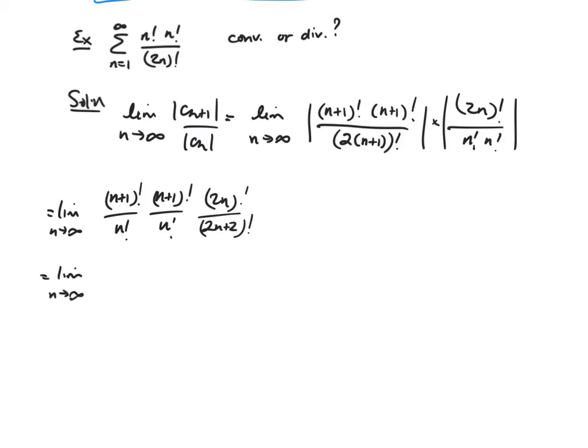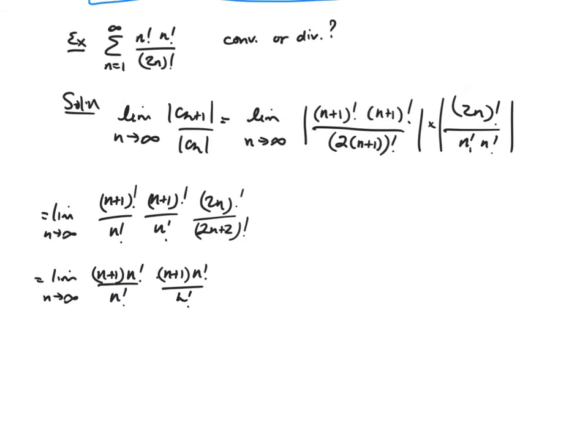Now I write the first term as (n+1) times n factorial, divided by n factorial. Do the same thing with the second term. That is, take the larger of the two factorials you're comparing and start pulling terms off till you get the smaller one, and then leave the rest in factorial form. Here I have 2n factorial, the smaller of the two, and then (2n+2) factorial.